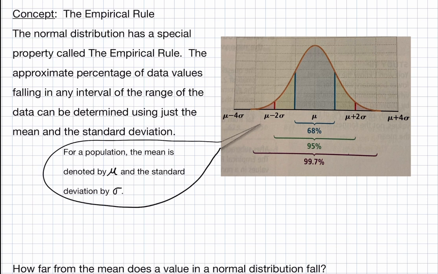Okay, and standard deviation is also denoted by the Greek letter sigma, which looks like this right here. So again, mu is the mean, and sigma is the standard deviation. So this would be 1 standard deviation away, 2 standard deviations away, and then 3 standard deviations away. And then these are the respective percentages.